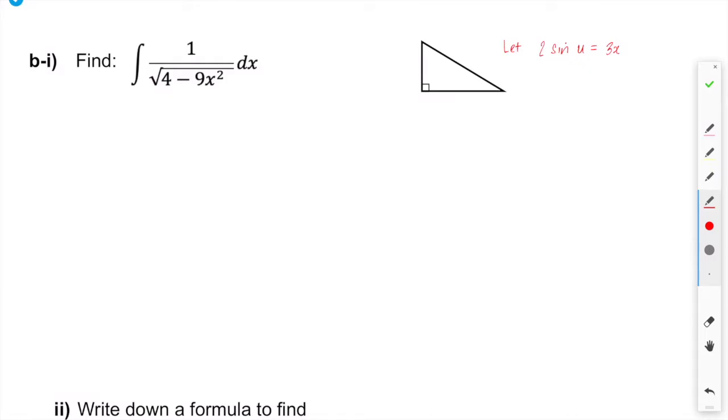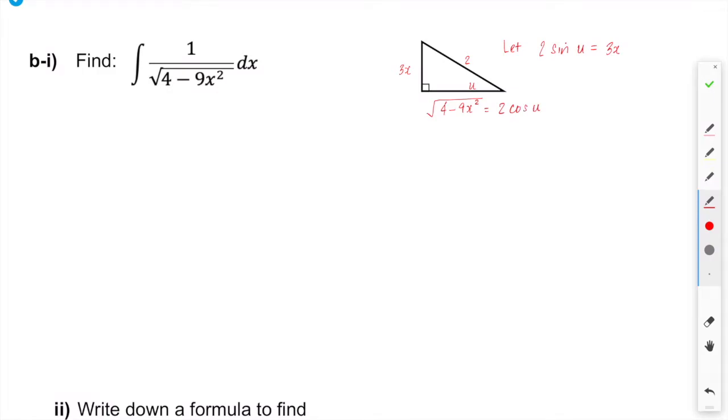Okay. So let's label my diagram to help me visualize this. So opposite 3x over hypotenuse is 2. This is the square root of 4 minus 9x squared, making this 2 cos u. Okay.